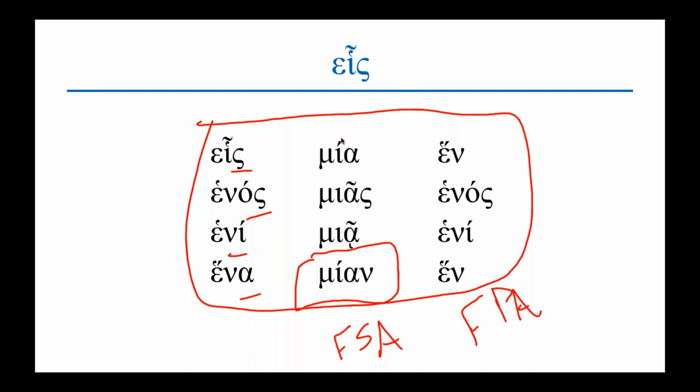This sort of follows the first declension, and this one sort of follows the second declension neuter. But you can see it kind of mixes third and second. You can see how it could be confusing.